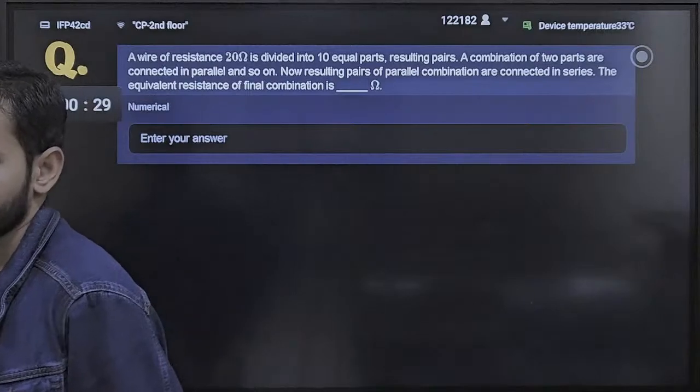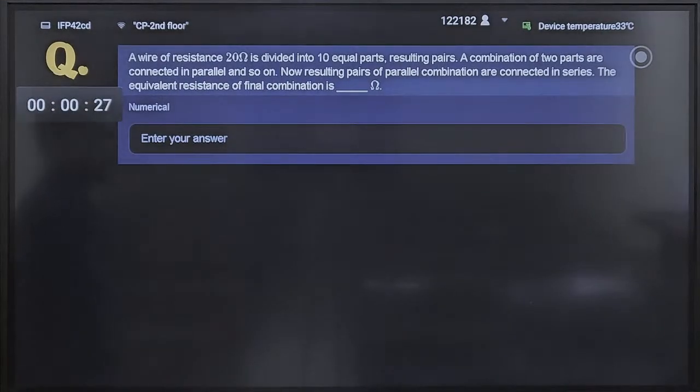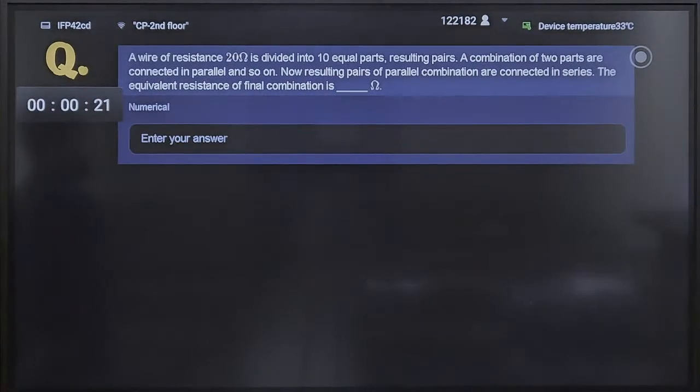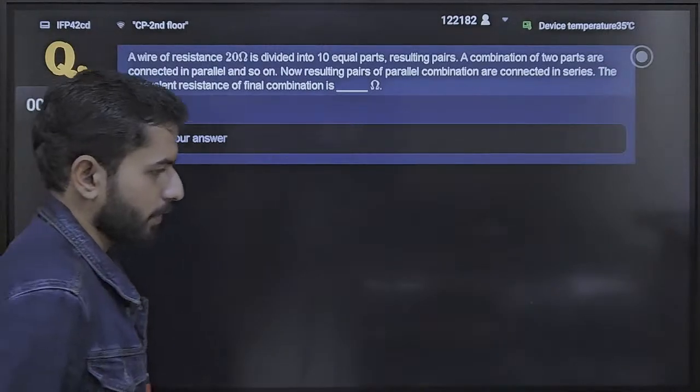So I will give you some extra time, so that you can read the statement properly and understand what the question is actually asking. When you understand it, it is very easy. That's it. Please solve it.